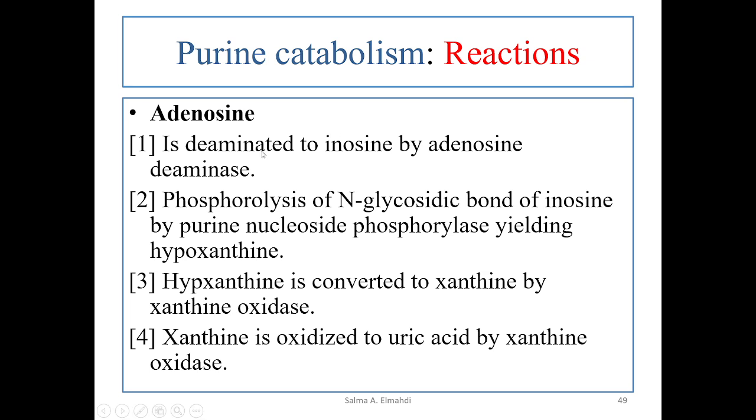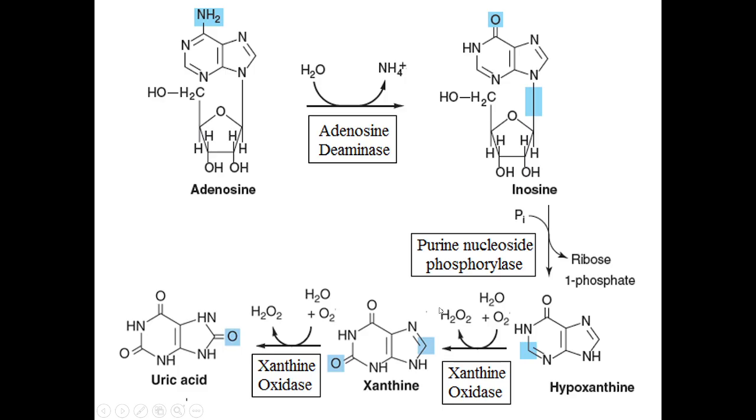To break down adenosine, it is first deaminated to inosine by adenosine deaminase, and then there is phosphorolytic cleavage, with use of phosphate, of the glycosidic bond of inosine by purine nucleoside phosphorylase to yield hypoxanthine. Hypoxanthine is converted to xanthine by xanthine oxidase, and then xanthine itself is oxidized by xanthine oxidase again to uric acid.